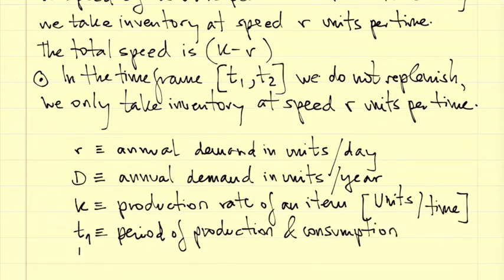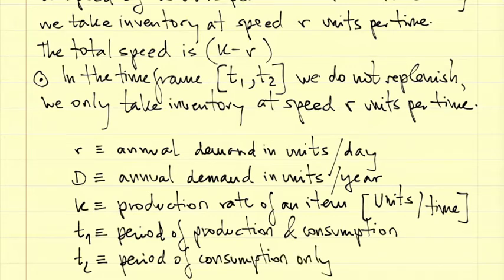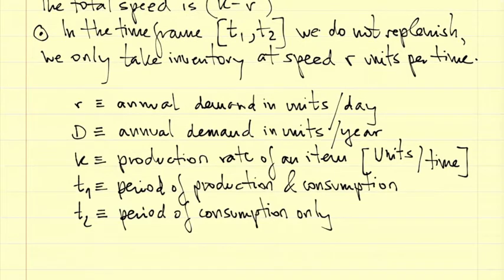And T2 is the period of consumption only. Okay.